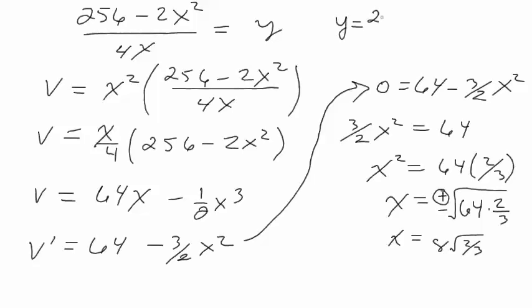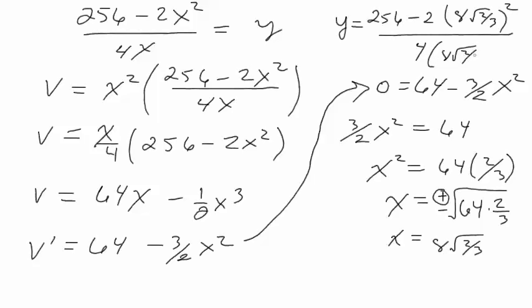Y is equal to 256 minus 2 times 8 square roots of 2/3, and of course all that is squared, and that's over 4 times 8 square root of 2/3.